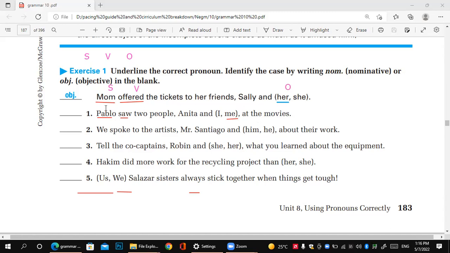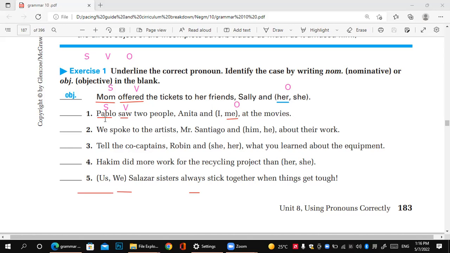Pablo is the subject, saw is the verb, and me is an object. I is a subject, so I can't use it here.